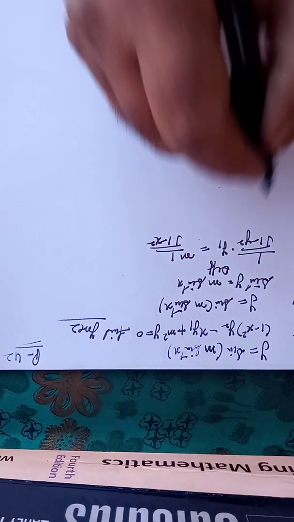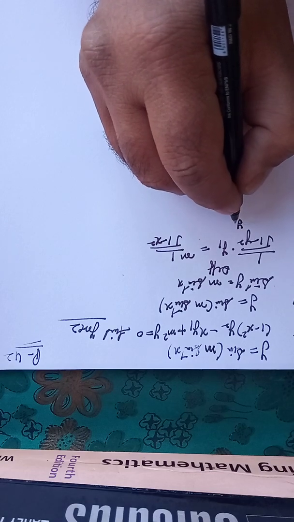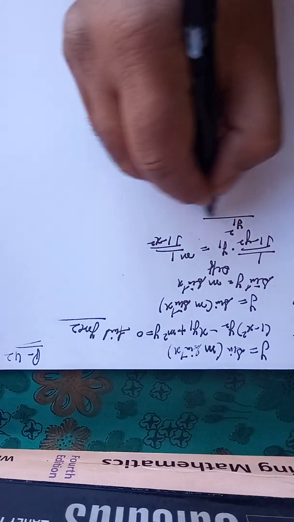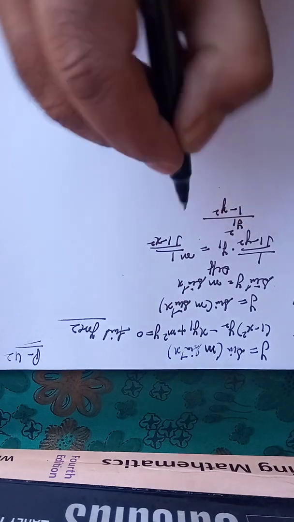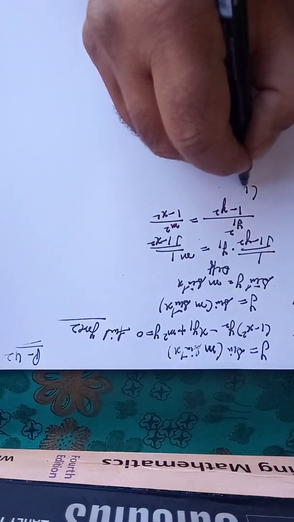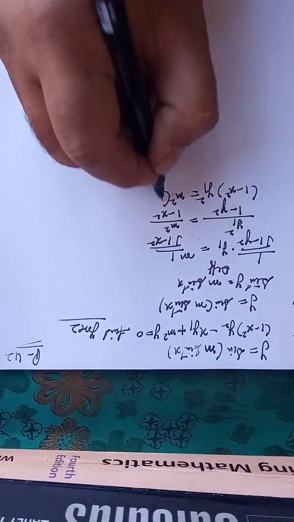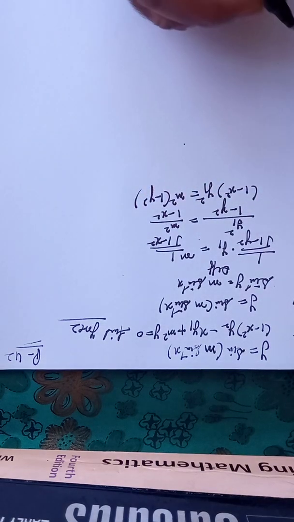Let me square it and cross multiply: 1 minus y square equal m square 1 minus x square, or 1 minus x square y1 square equal m square 1 minus y square.